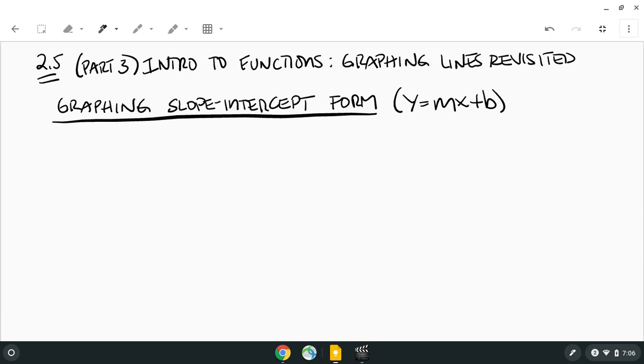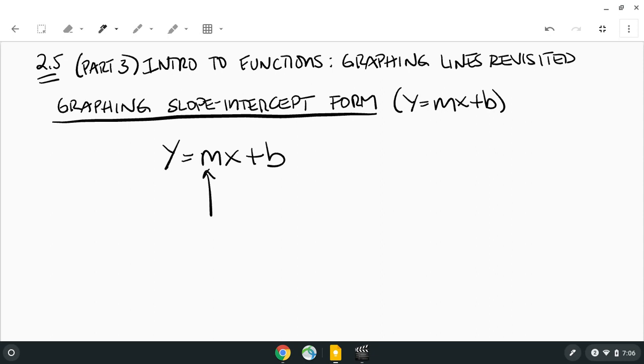Okay, so if you remember before, when we were graphing lines, we used to make a table of values, which can take some time depending on the equation. So now we are not going to make a table. So let's just take a look here at this equation.